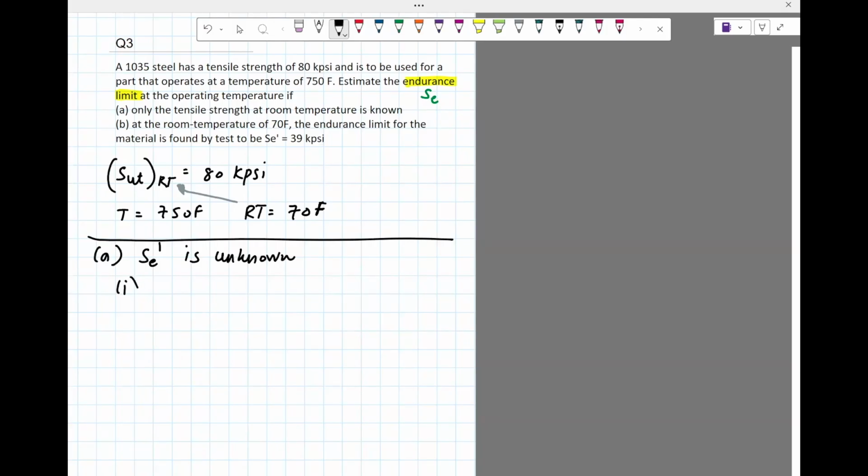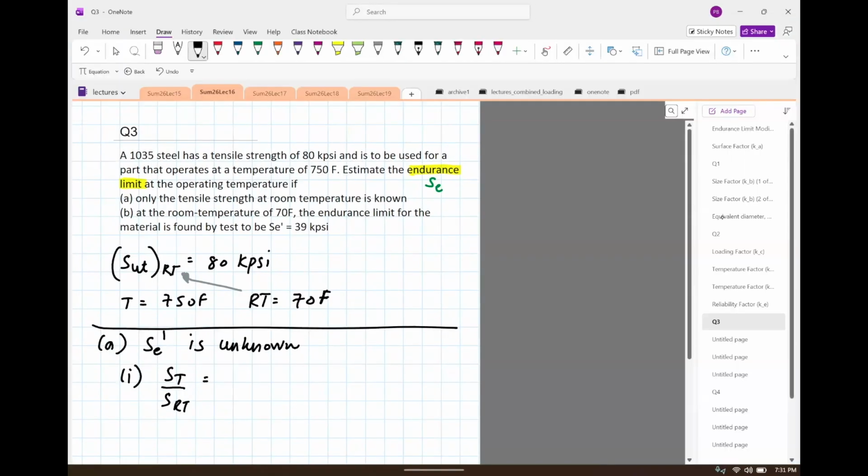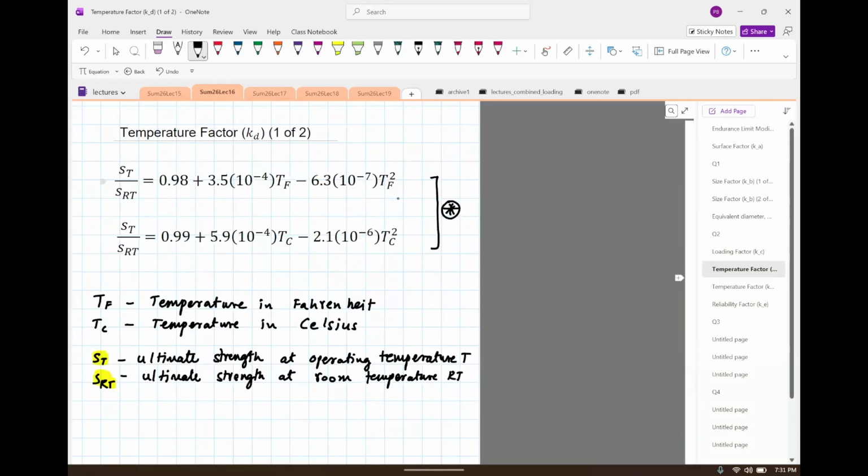So number 1, we estimate ST divided by SRT, and that is the formula over here. I'm going to write the one for Fahrenheit because it is in Fahrenheit.